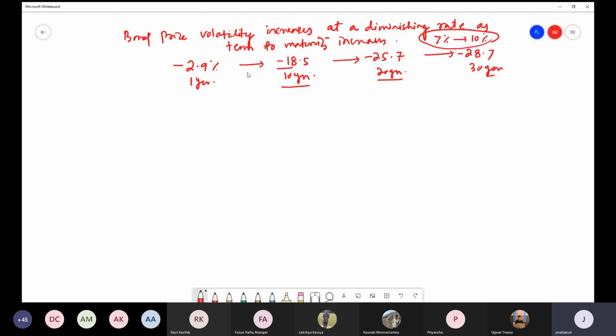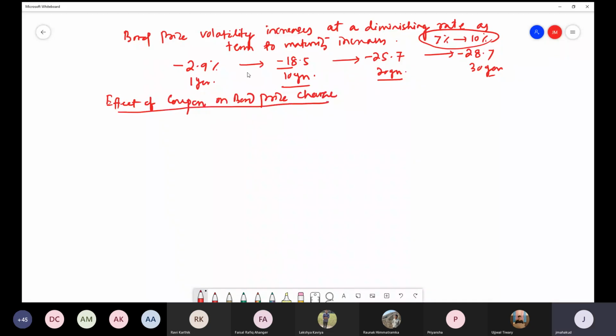Then another question is, what is the effect of coupon on bond price volatility, or bond price change?